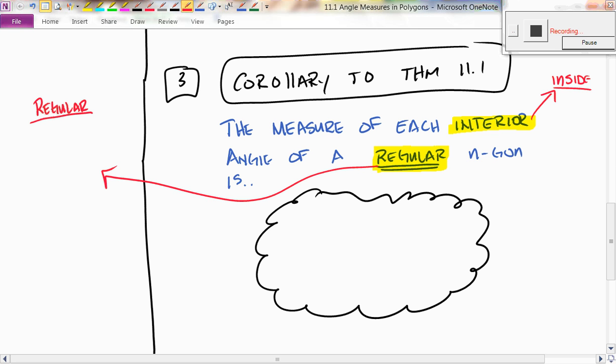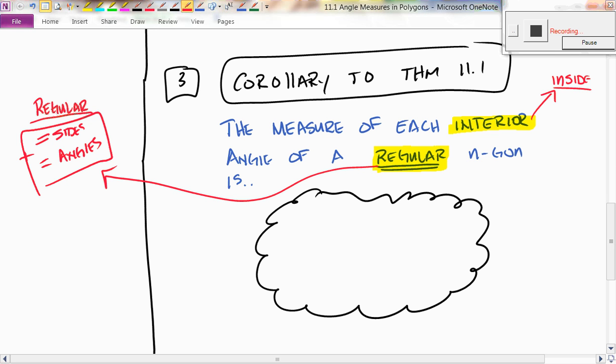Regular means equal sides and equal angles. Like an equilateral triangle is regular because all the sides are the same and all angles are 60 degrees.